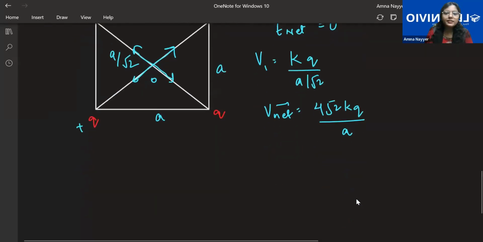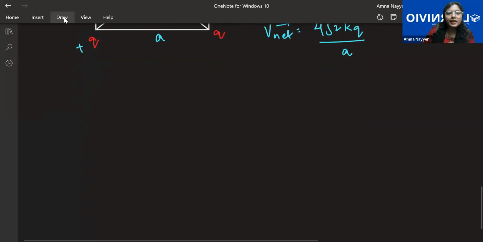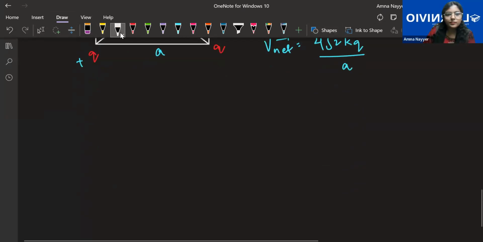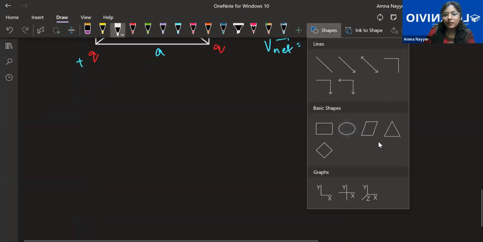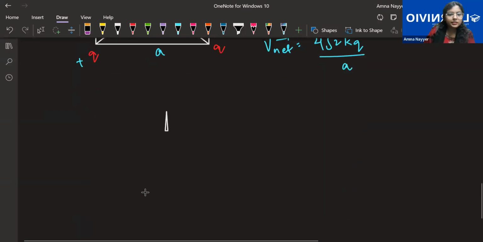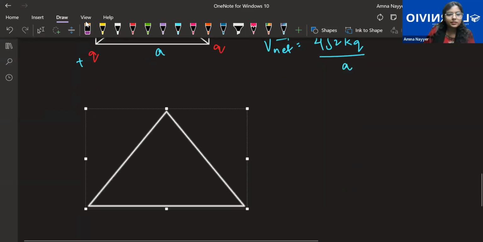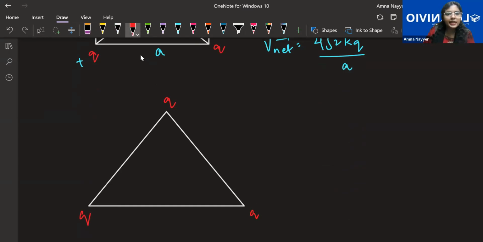Similarly, take another symmetrical figure, let's say a triangle. Q charges are there at the corners, and again I'm taking the side as A, so this is an equilateral triangle.